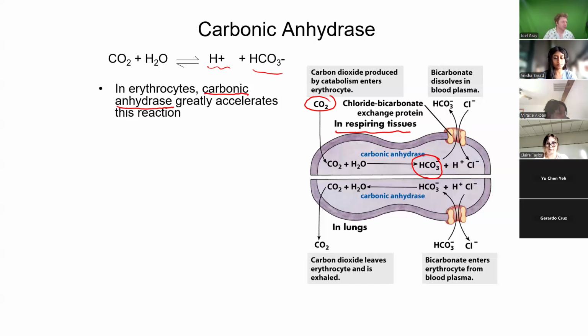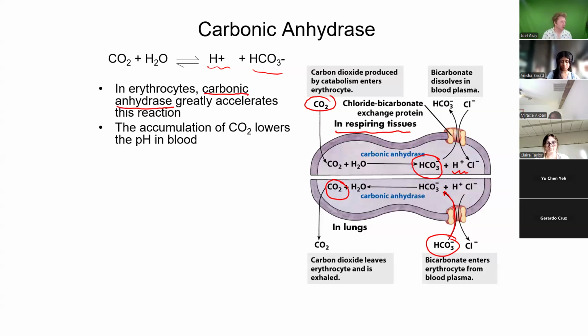When it gets to your lungs, this HCO3 from your bloodstream goes into another erythrocyte where, lo and behold, carbonic anhydrase can do the reverse reaction, converting the HCO3 to the less soluble gas, CO2, which can then be exhaled. So carbonic anhydrase is helping to solubilize CO2, but it's also causing the hydrogen ion concentration to increase, causing the pH to go down, causing the stabilization of the T state of our protein. Now, the accumulation of CO2 lowers our pH in our blood.